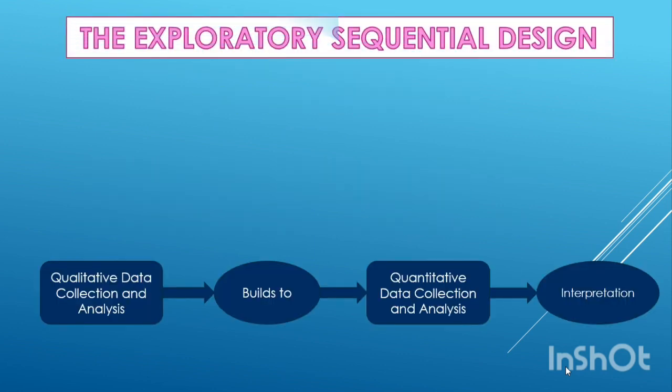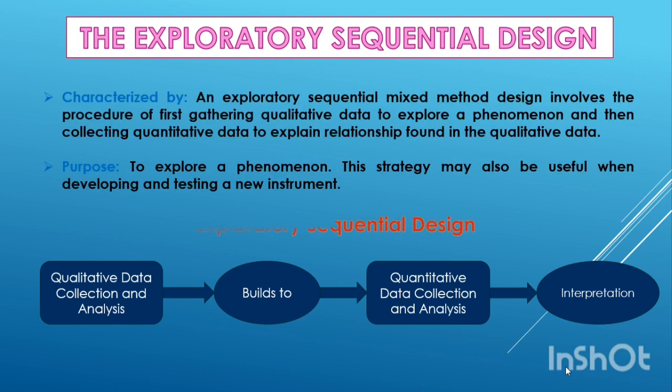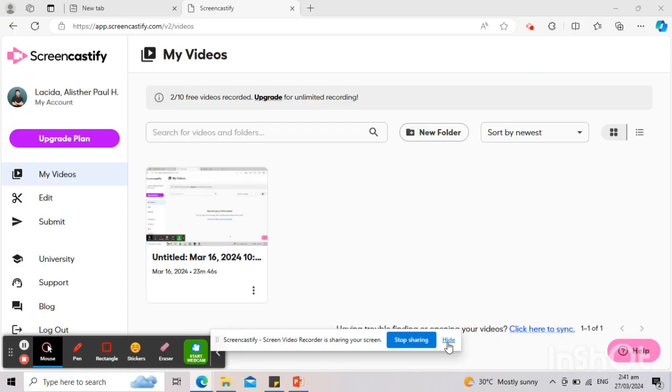Sa explanatory sequential design ganina, mas una ang quantitative nga data nga gi-collect, followed na dayon si qualitative data. So here in the exploratory sequential design, una i-gather si qualitative data. Una ka mag-interview, una ka mag-observe. And then right after, musunod na dayon si quantitative data. Magpa-answer na din kasi mo.